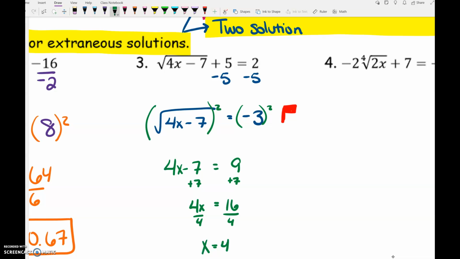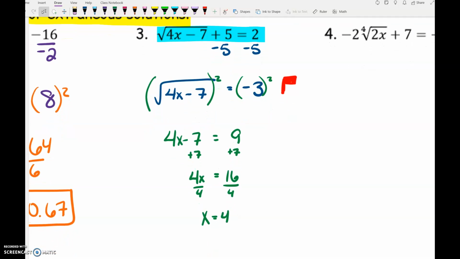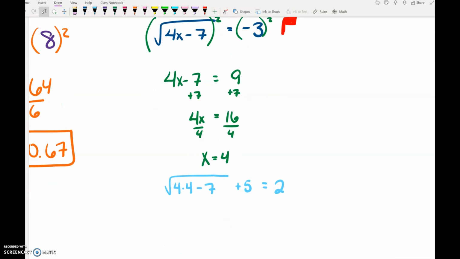Because of this red flag here, I am going to check my solution. And we're checking the solution back in the original problem. So I need to do the square root of 4 times 4 minus 7, add 5, and see if it gives me 2.